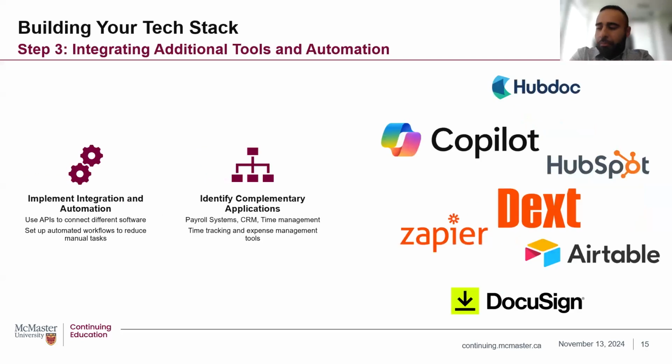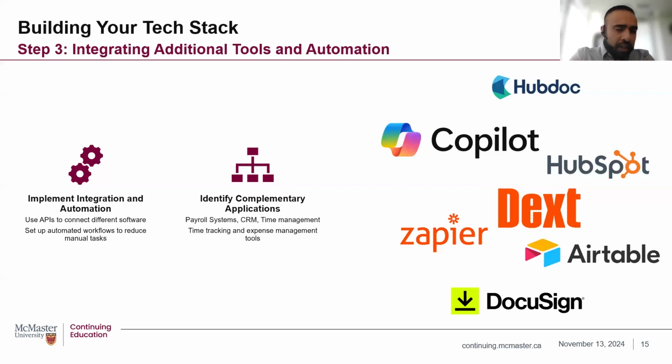If we go to the next slide. Once you have your base software set up, this is where things get fun and interesting. This is where you're going to start looking at some additional tools and automations and see what you can use to support those base software.